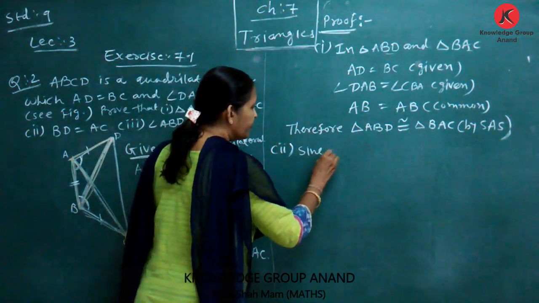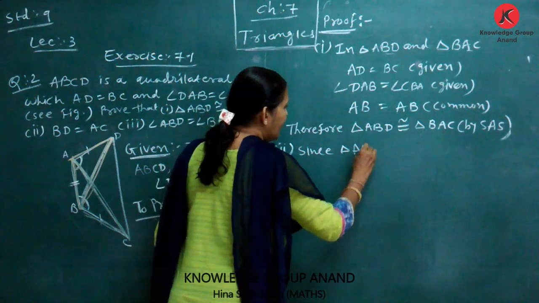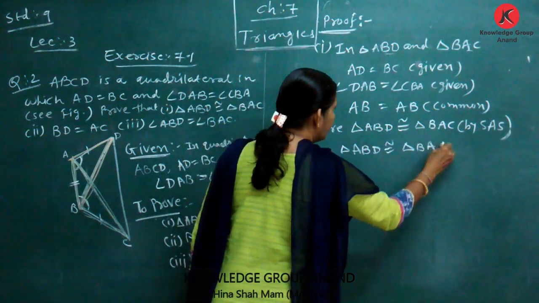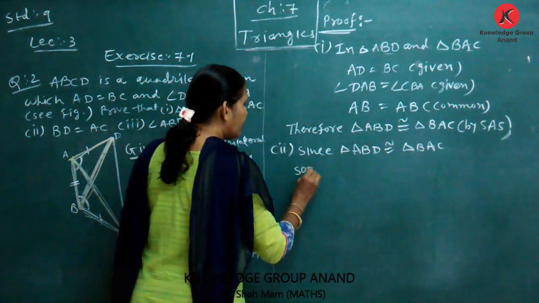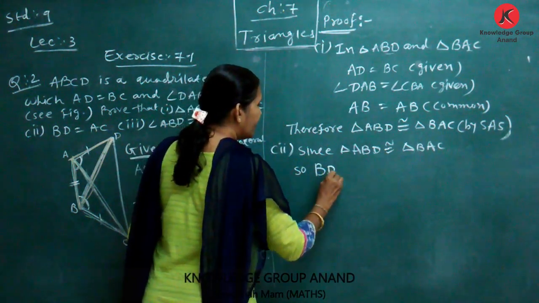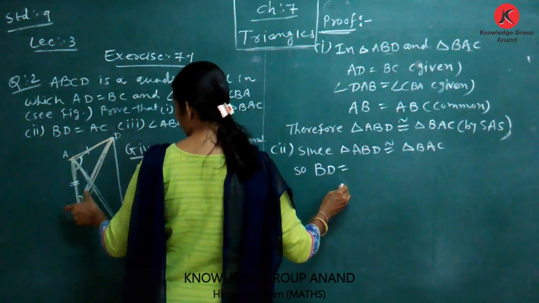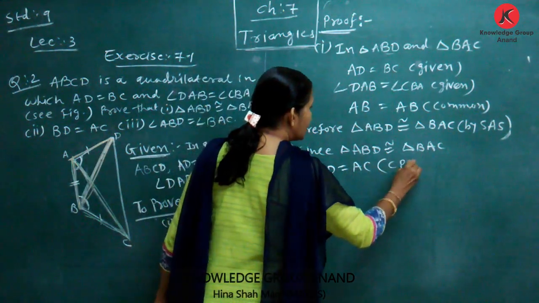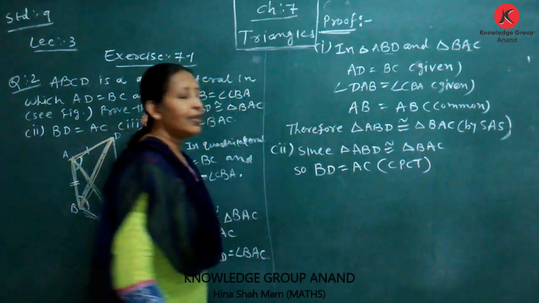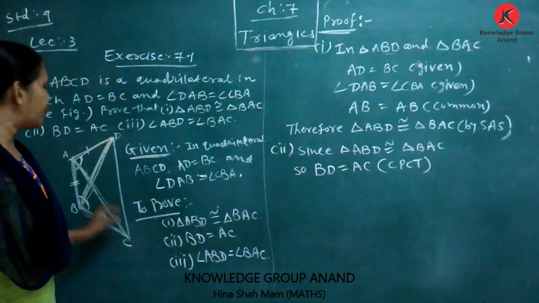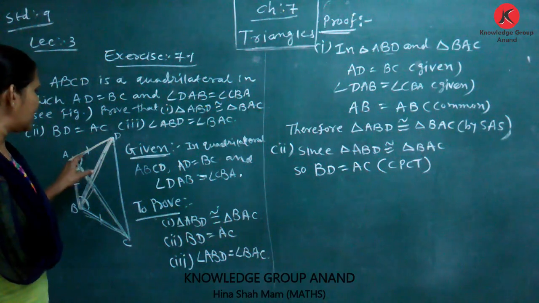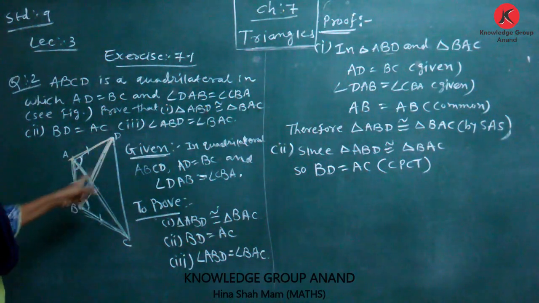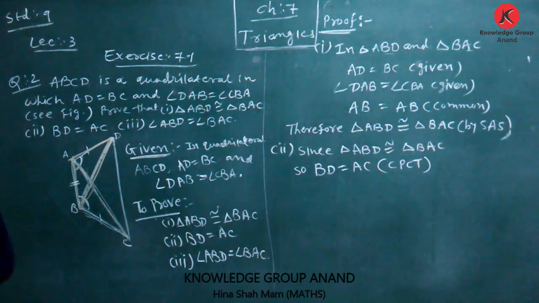Since triangle ABD is congruent to triangle BAC, so BD is equal to AC by CPCT, corresponding parts of congruent triangles.